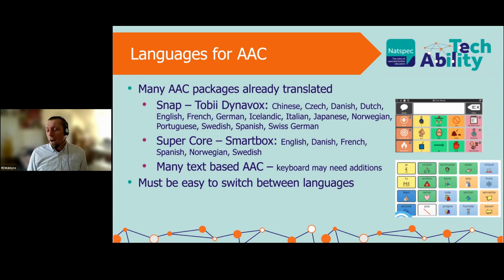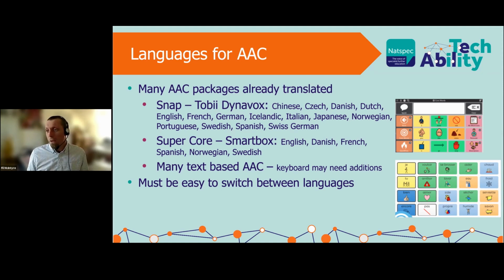But in the last 4 or 5 years, some of the AAC companies have done a lot to support this. And the most straightforward way really is if someone uses a pre-made language pack like Snap from Tobii Dynavox or Supercore from Smartbox, then often there's a version available in the second language. So as you can see on the screen, I've listed that there's loads more availability for languages in Snap, but it does depend on the package.